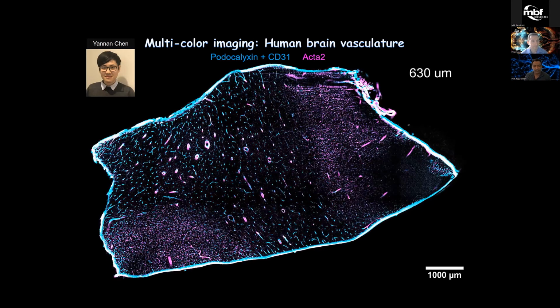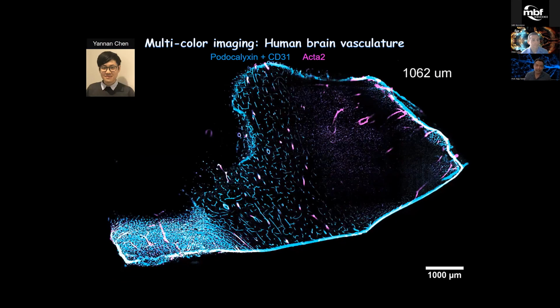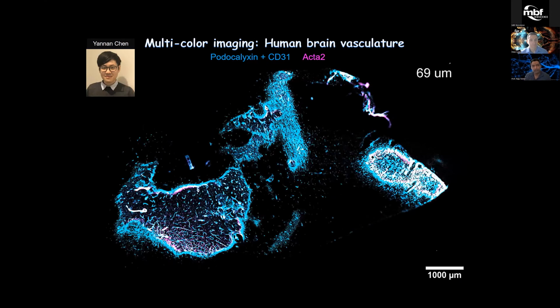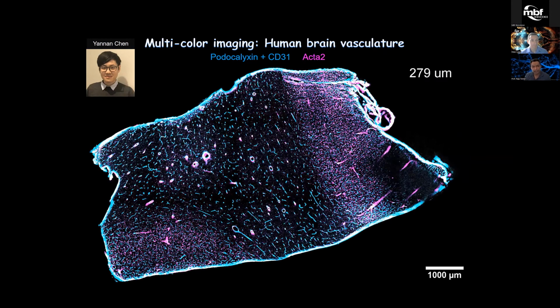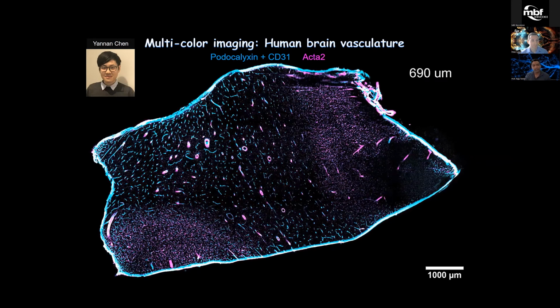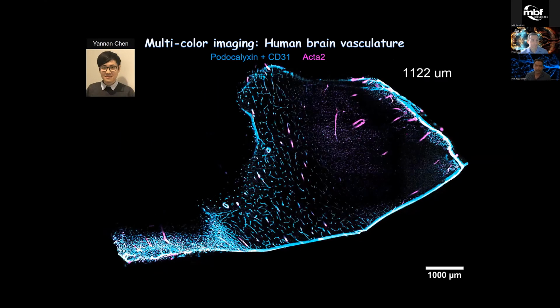It's centimeters wide, and of course there's no limit on the sample size. He has stained them with 2 different antibodies which label 2 different types of vasculature, larger and smaller ones, and so we can perform this multicolor imaging with ClearScope and the light sheet theta microscope.